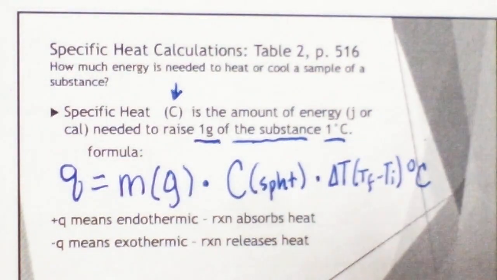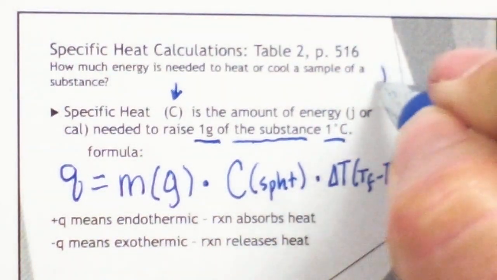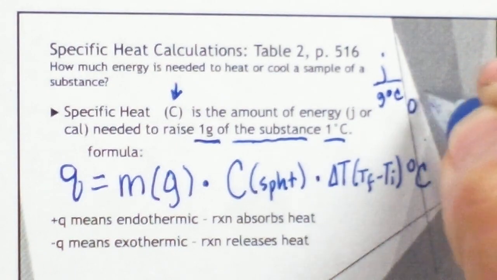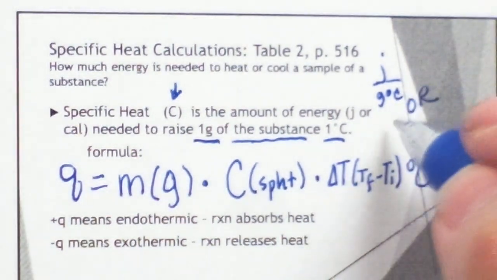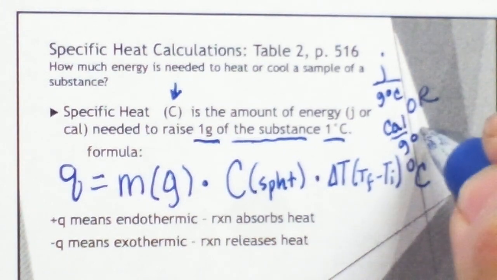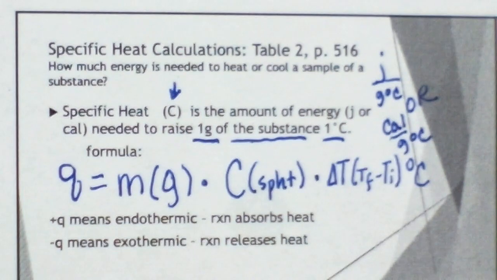Specific heat is going to be either in joules per gram degrees Celsius, or it's going to be in calories per gram degrees Celsius. Those are the units of specific heat, right?